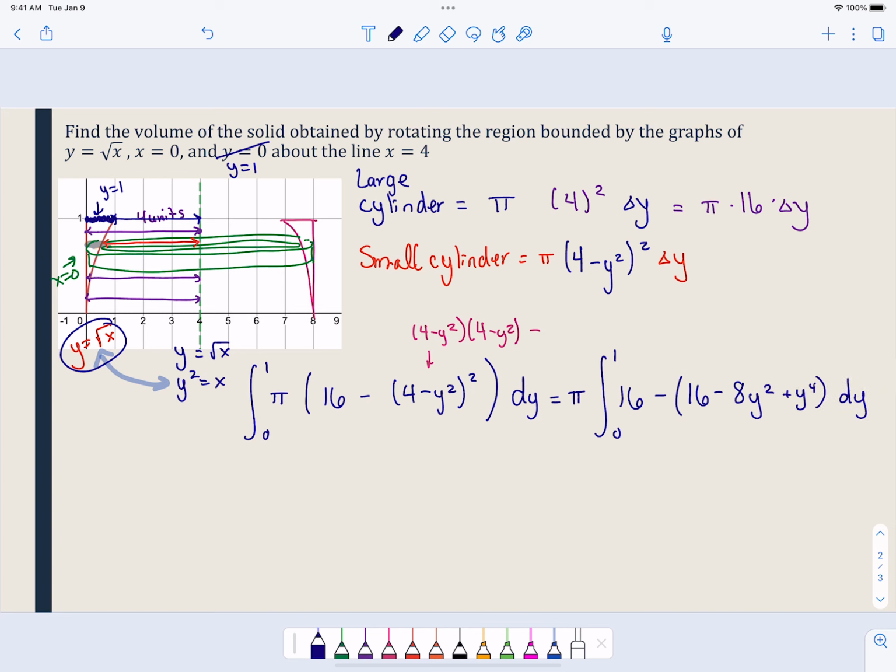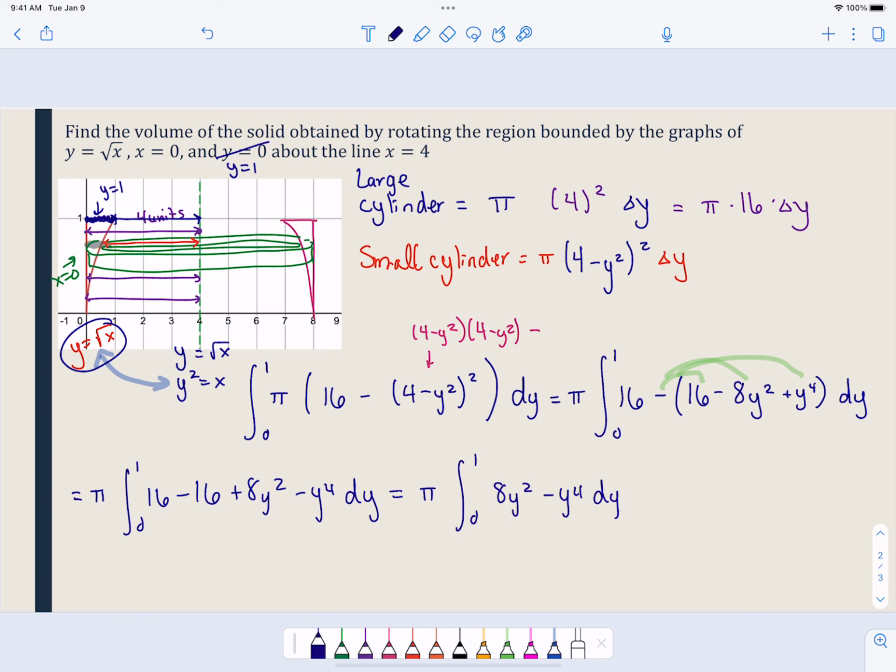We need to be cautious with our subtractions and make sure we're distributing subtraction signs, because that can very easily get overlooked. So we get 16 minus 16 plus 8y squared minus y to the 4th dy. Then with our pi, the 16s cancel, and we have 8y squared minus y to the 4th dy.